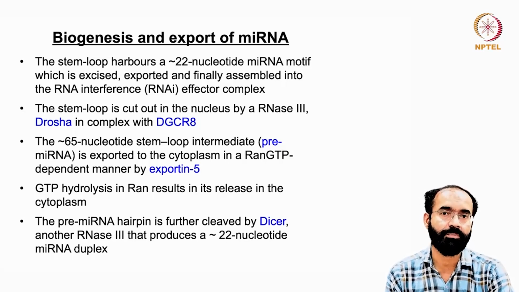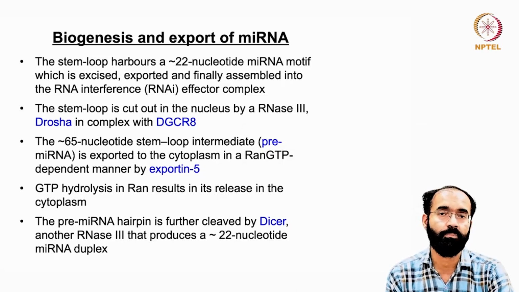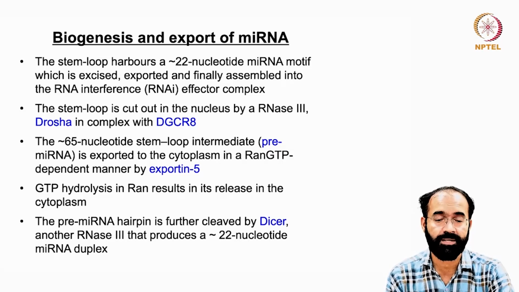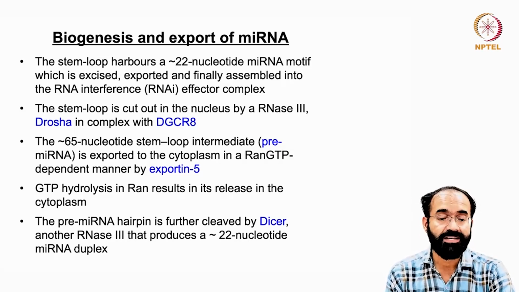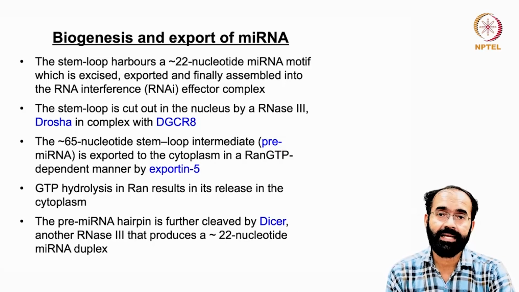That is why it is able to form a stem in the first place. The loop region doesn't have any pairing. The stem region has complementary sequence. That is why it forms a stem, and it has a 22 nucleotide long microRNA motif, which is excised and exported and finally assembled into the RNA interference effector complex. We call it the RNA induced silencing complex, or RISC.